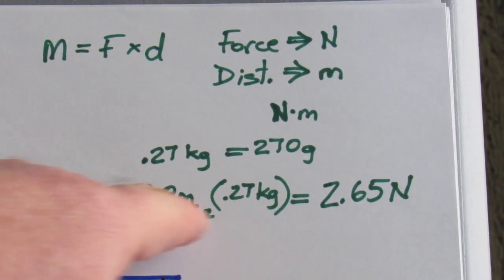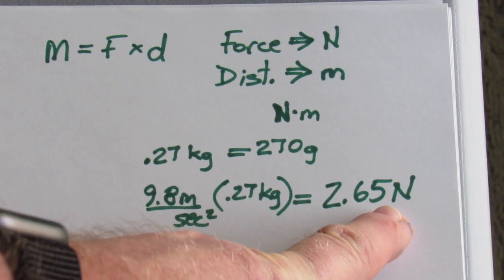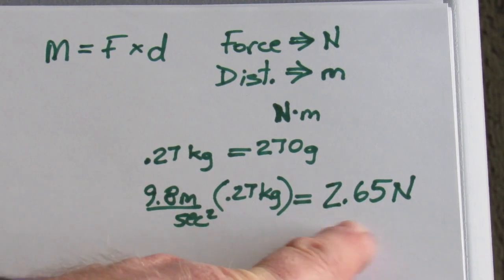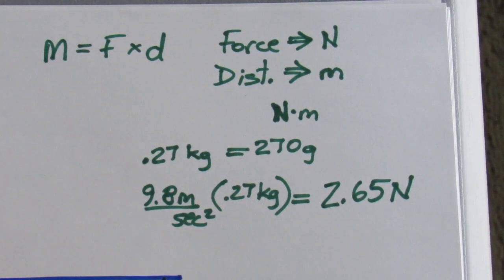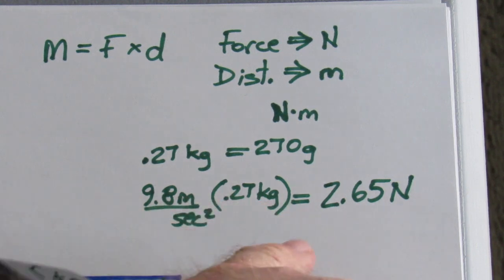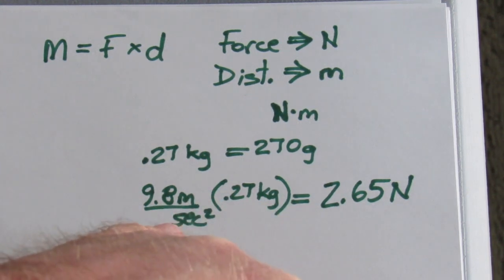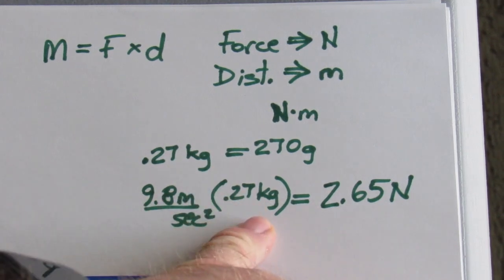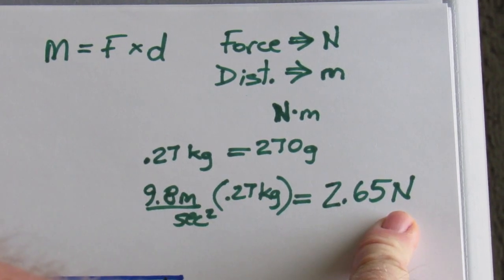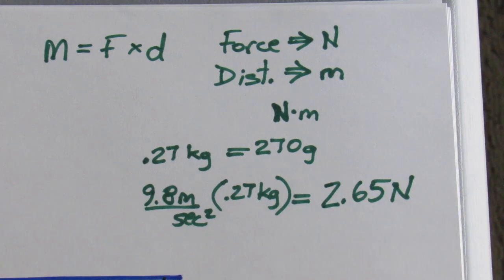When you multiply those together, you come up with a force in newtons. How does that work? Well, this is another one of those situations where Isaac Newton came up with this formula. So this is Newtonian Physics. So by definition, meters per second squared multiplied by kilograms equals a newton of force.